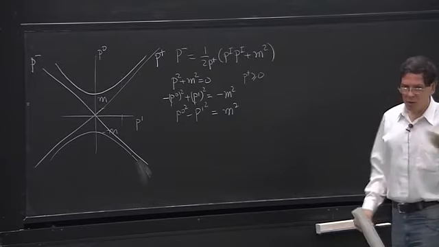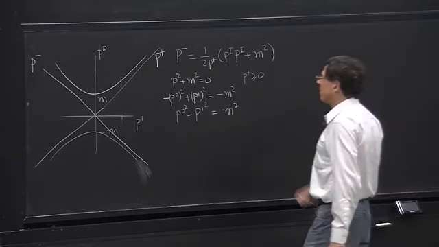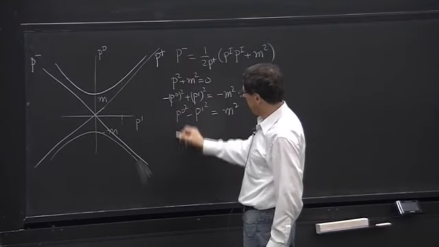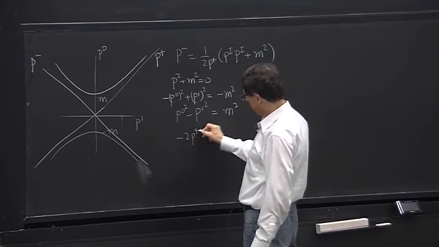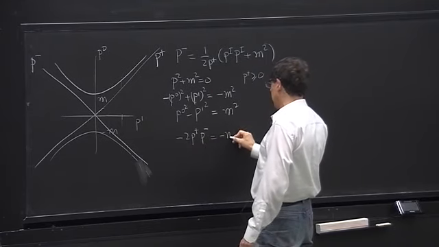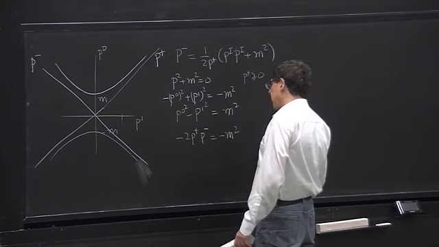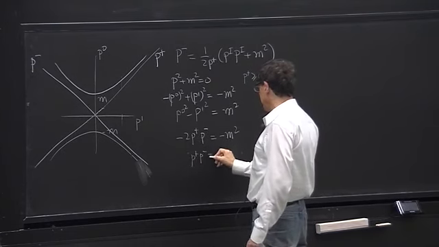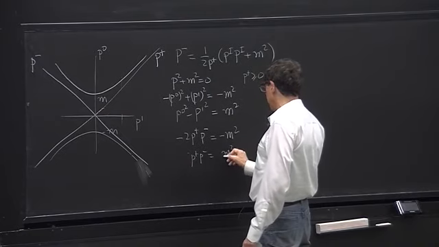And if you're in 2 dimensions, then basically the only thing you have here is that P squared is minus 2P plus P minus equals minus M squared. And therefore, from here, you get that P plus P minus is equal to M squared over 2.